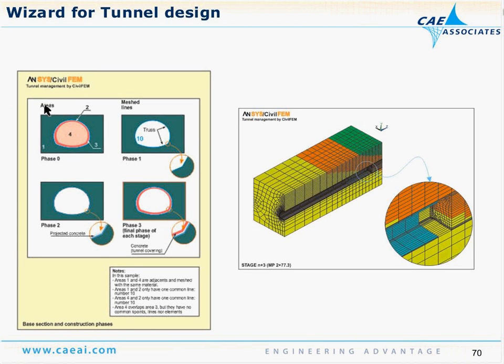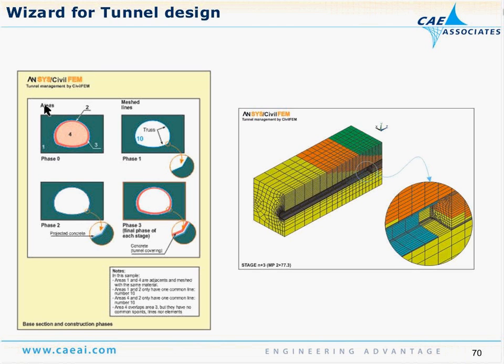Just an example, a couple slides of the tunneling wizard where you can specify the area of excavation. You can also add in, if there's an internal lining or beams being added, you can have those be constructed using the birth and death features as well.